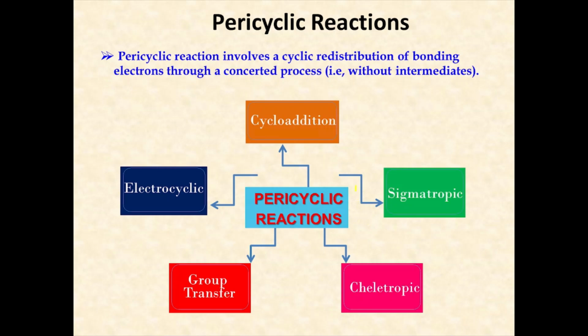So these fall in the types of pericyclic reactions. Today I will talk about the cycloaddition reactions mainly, and within the cycloaddition domain I will talk about the Diels-Alder reaction.